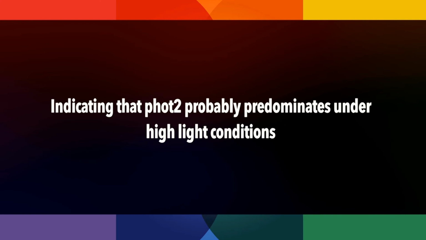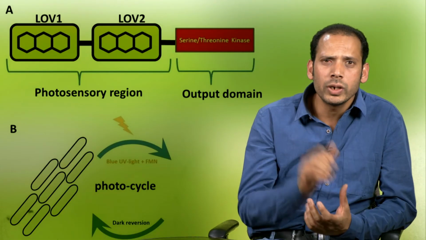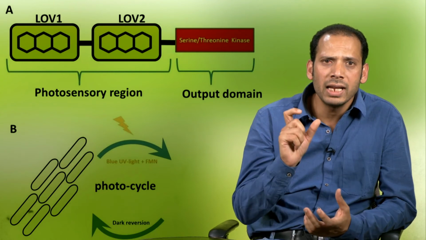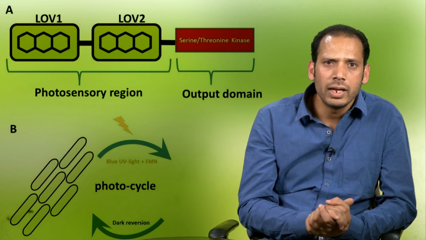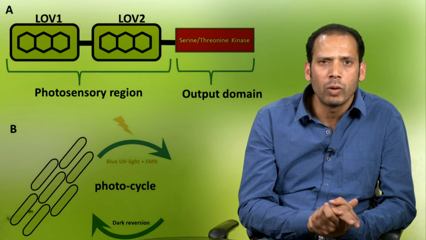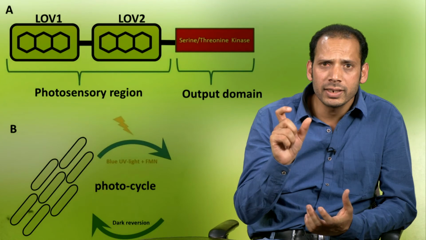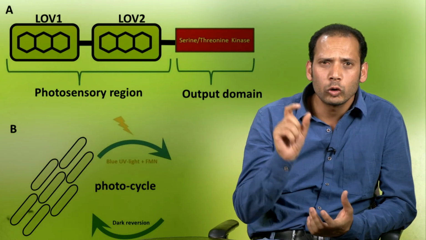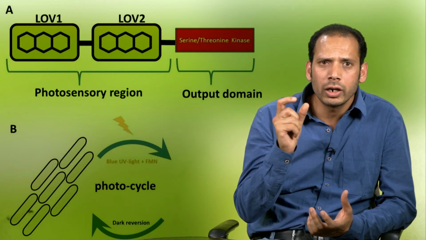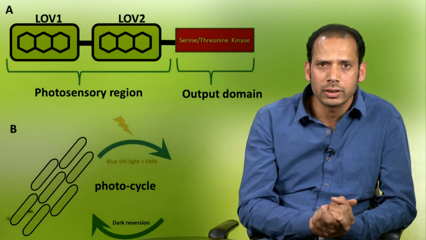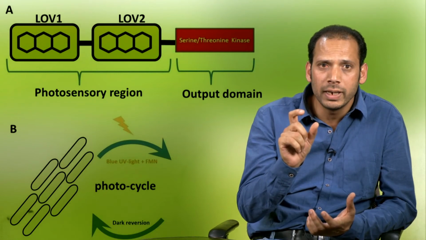It has been reported that although the high light avoidance response is normal in the phototropin 1 mutant, the accumulation response shows a somewhat higher light threshold requirement than in the wild type. This result indicates that phototropin 1 somehow contributes to the accumulation response, but is not the only player.